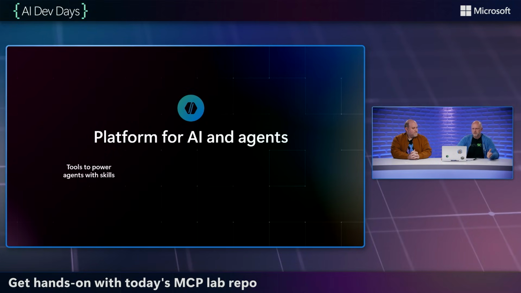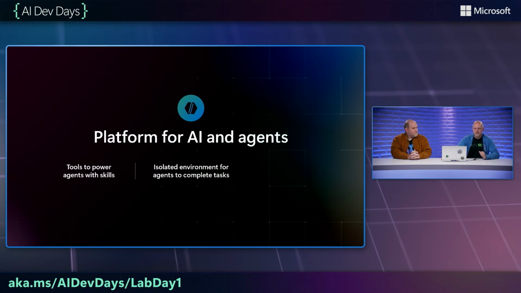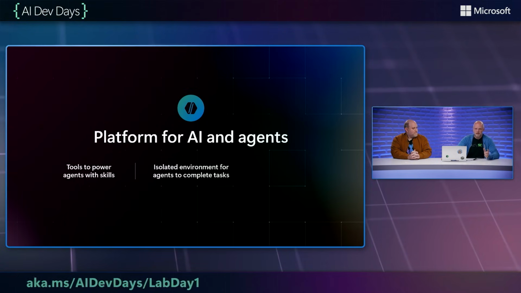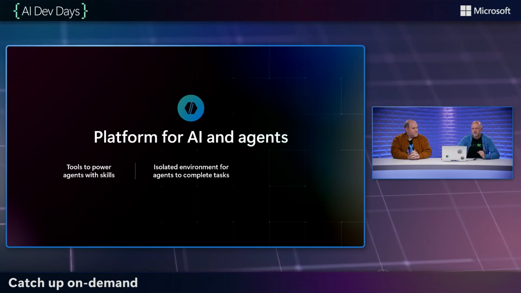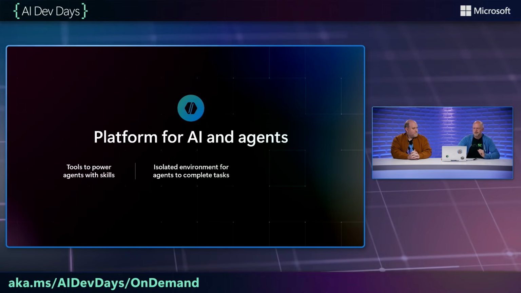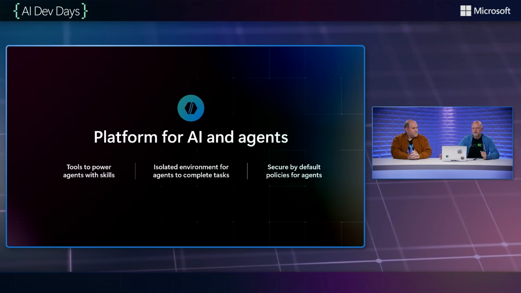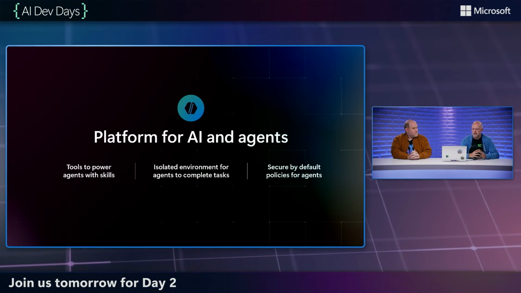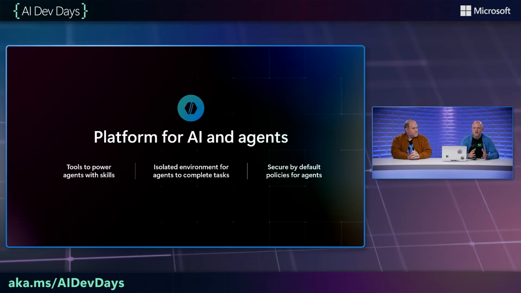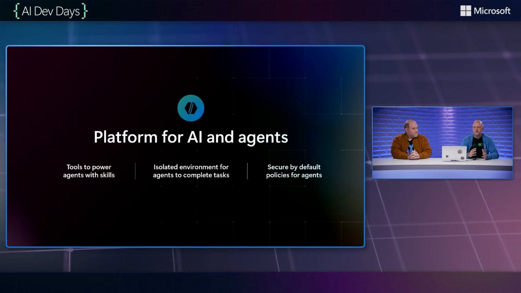So we're building a registry for tools and providing isolated environments for running those tools so that you can create a trustworthy and secure environment for your agents to work within, and providing policies around these things for how agents and tools can interact, and we're getting secure by default out of the box, so that when you turn this on, you know you're in a good place.